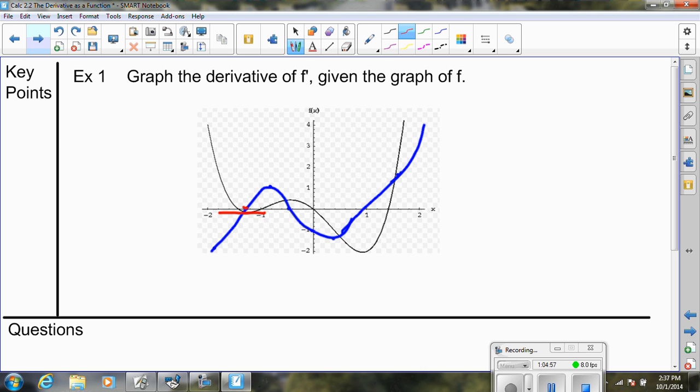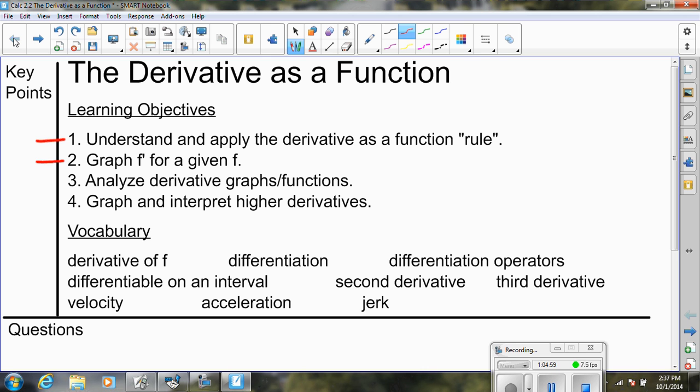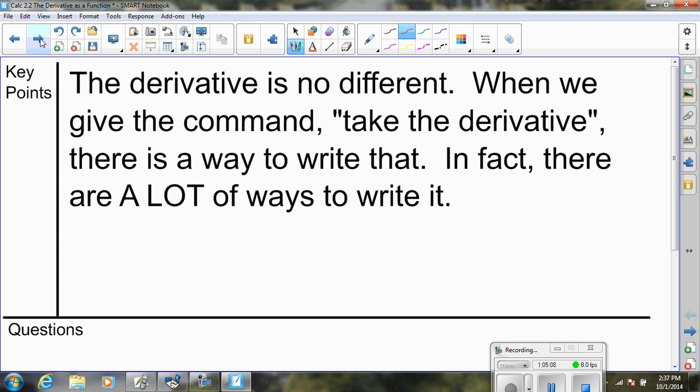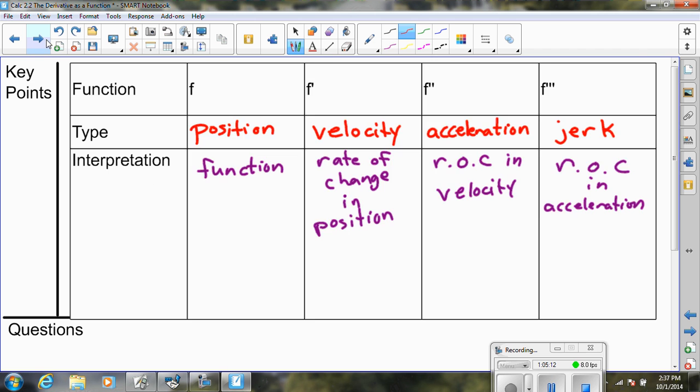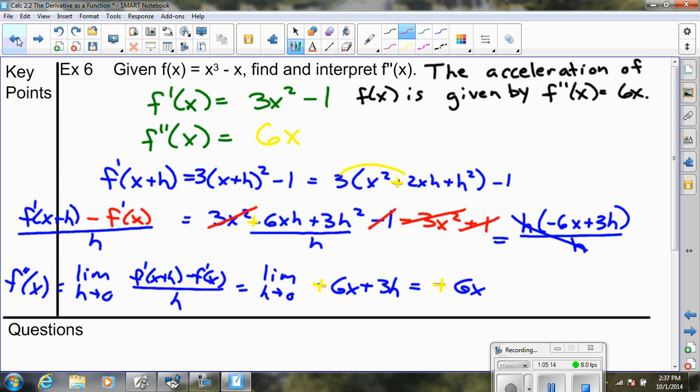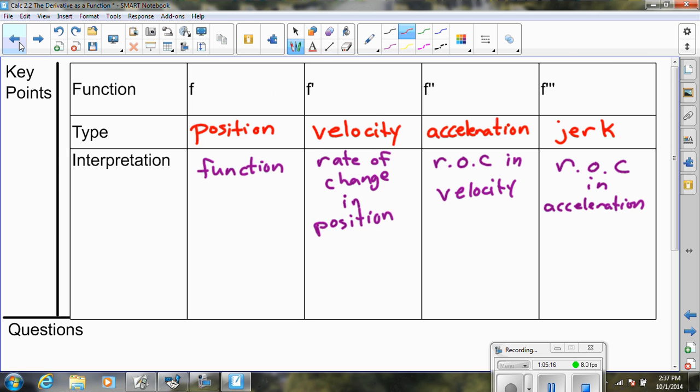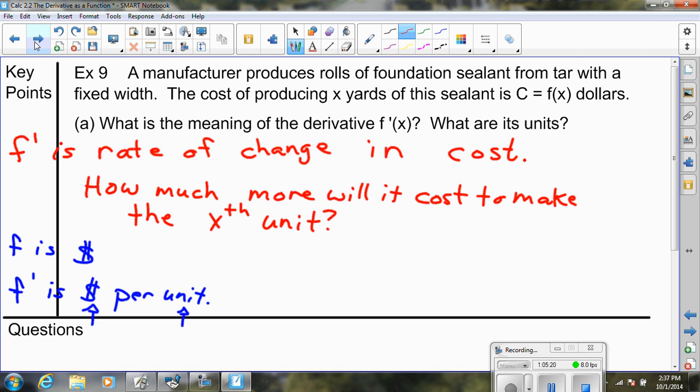We also looked at analyzing graphs of functions, analyzing the derivatives so that we could say pieces like here at the very, very end, when some of the analyzing part was looking at the relationship between position, velocity, acceleration, and jerk, but also to do pieces like these, the additional cost for the next unit.